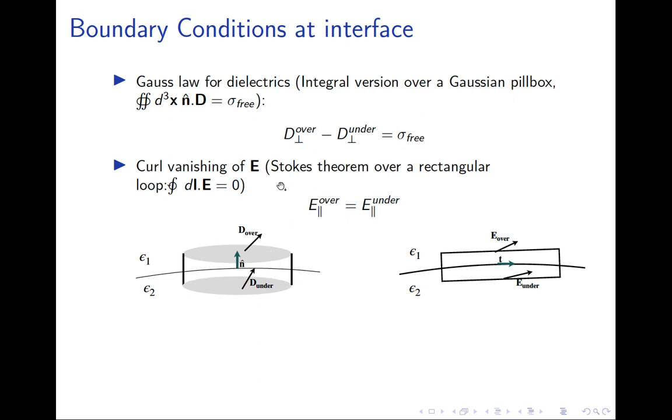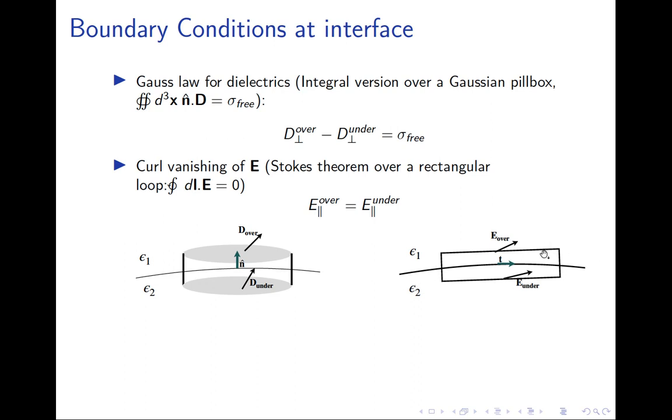And also the curl result, curl of E equal to 0, you can apply over a rectangular loop across the boundary of the two dielectrics.